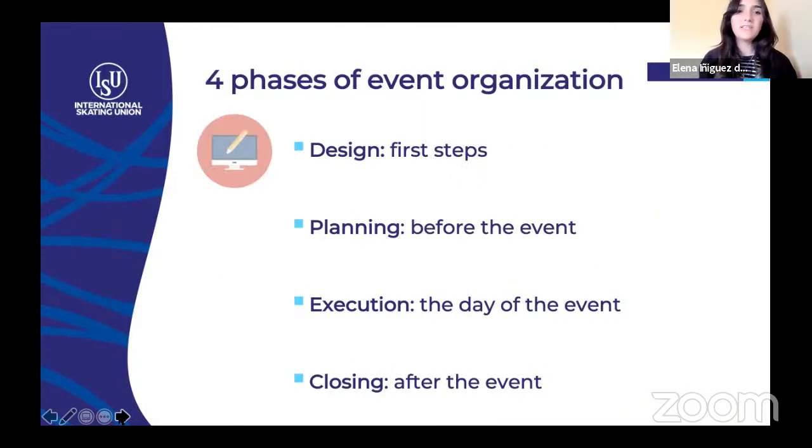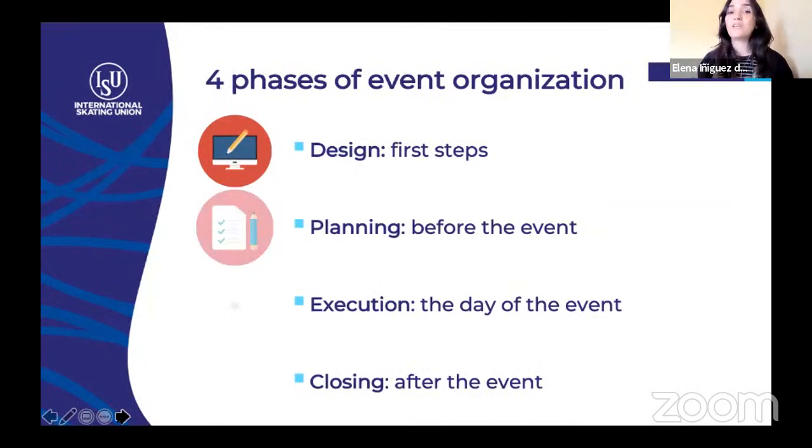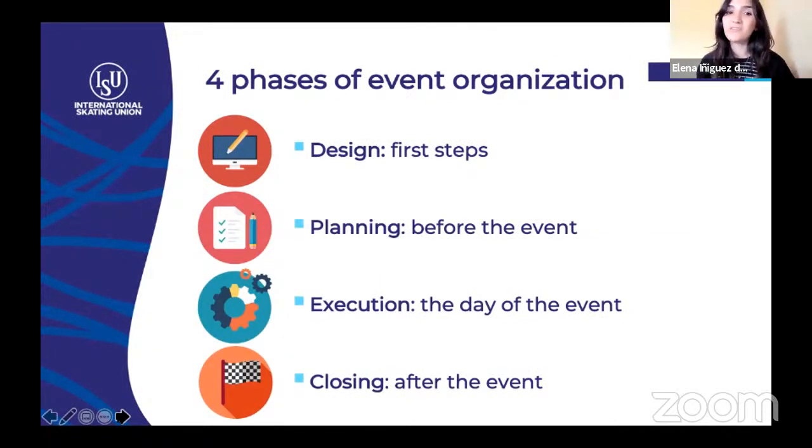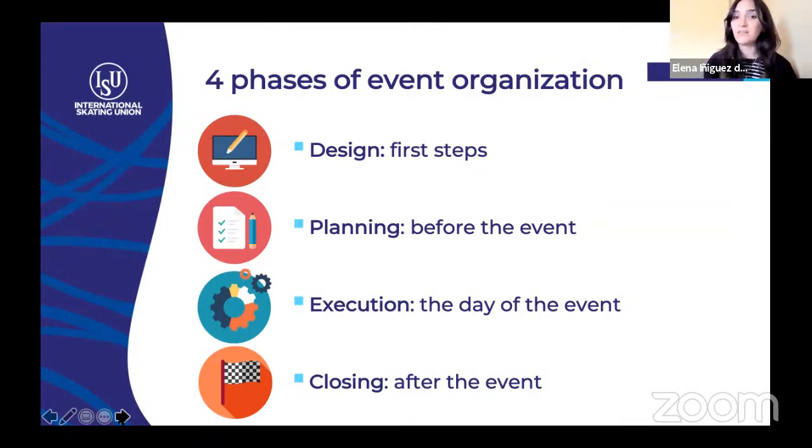So let's go in detail over the 4 phases of event organization. And I know that event managers here will be familiar with these phases. We have first the design phase. Those are the first steps on how to define the characteristics of your event and initiate the process of organization. Once we decide what to organize, we start with the planning phase, and that covers everything that needs to be done before the event.